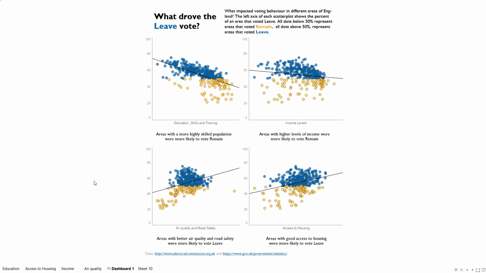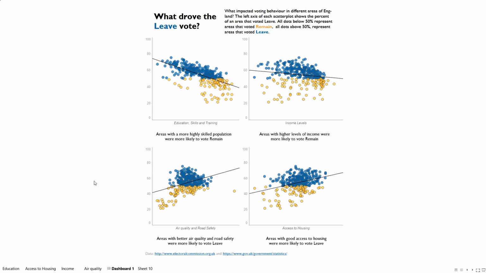And basically, we can see that in areas where there's a more highly trained and educated population, more people voted to remain. And of course, having higher skills is also related to income. But we can see there's a bit weaker of a correlation in terms of income levels. So areas with higher levels of income were also more likely to vote remain.